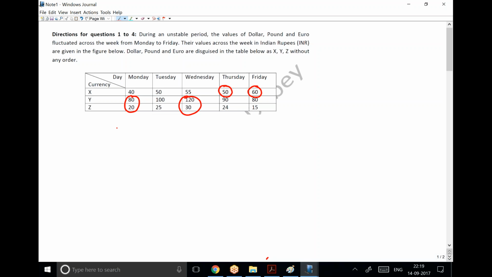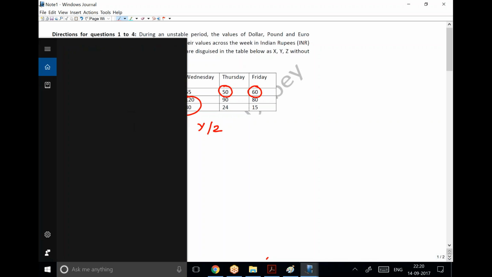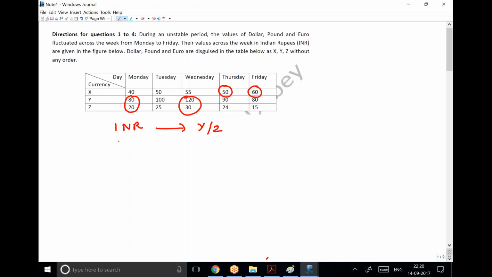So first, INR we invest either in Y or in Z, and on Wednesday this Y or Z we convert into INR. Why are we converting?